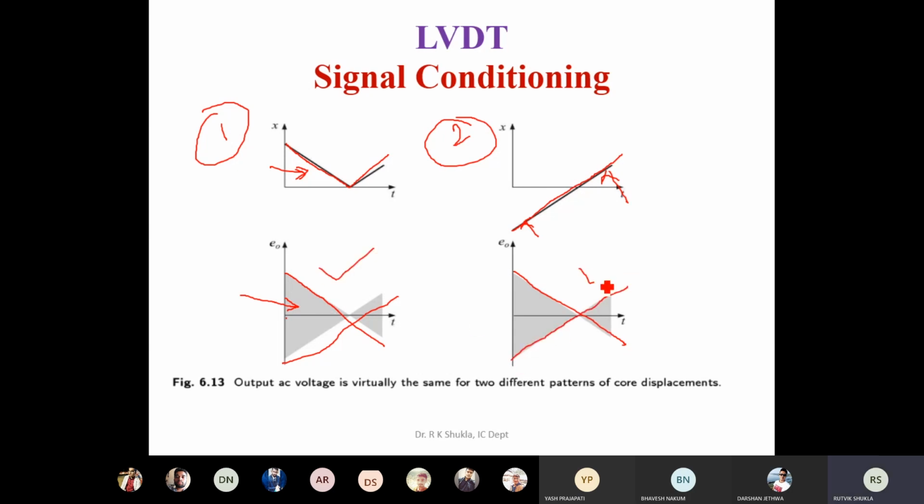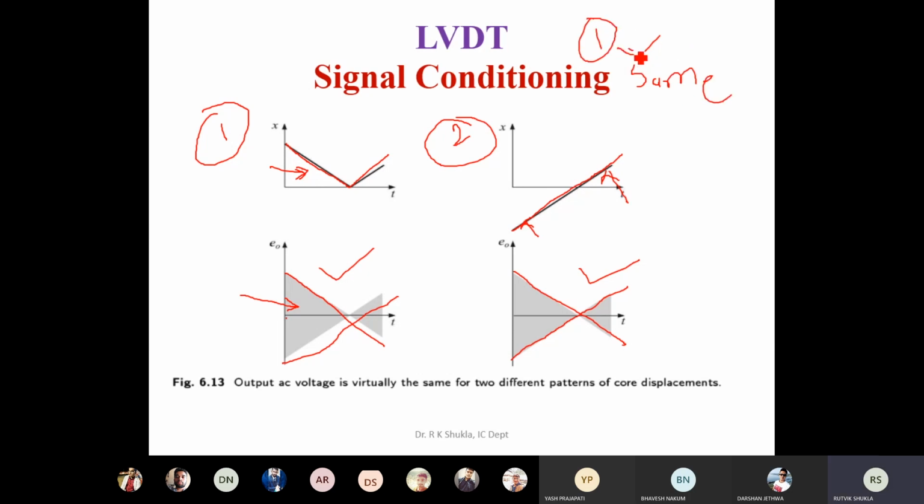In both the cases, whether the transition is from positive to positive or from negative to positive, the LVDT output remains same. That is the first problem with which the signal conditioning circuit has to deal.